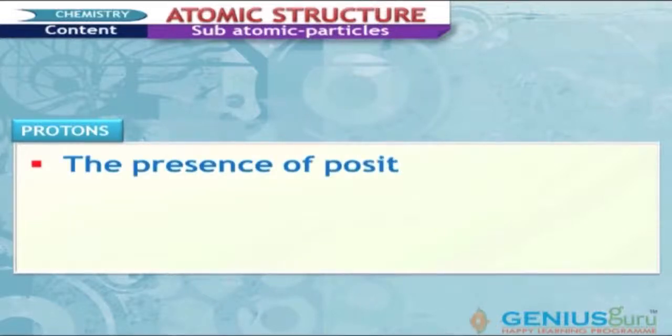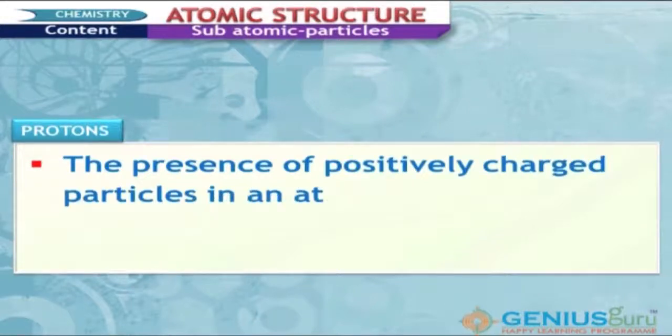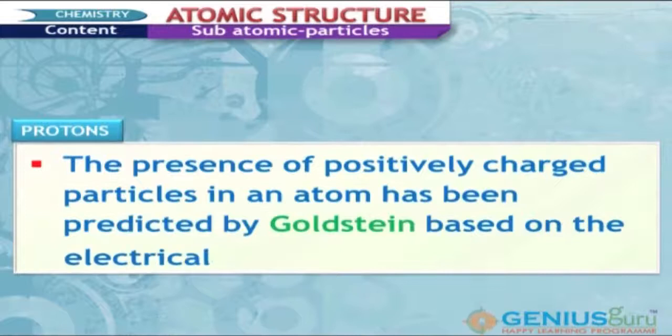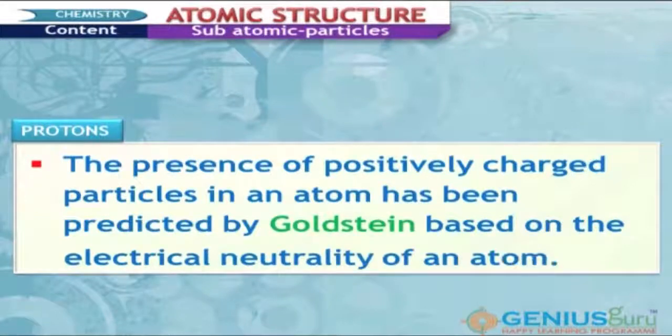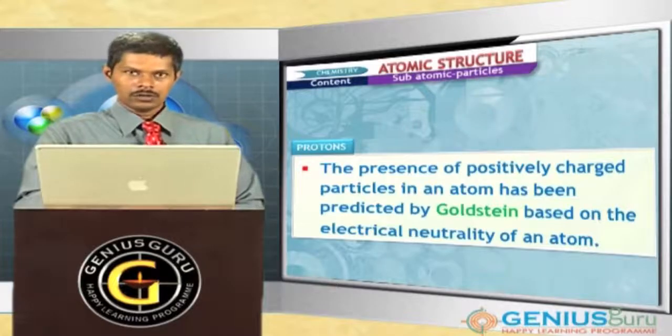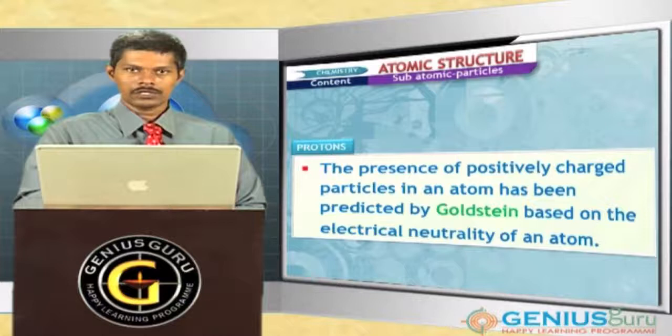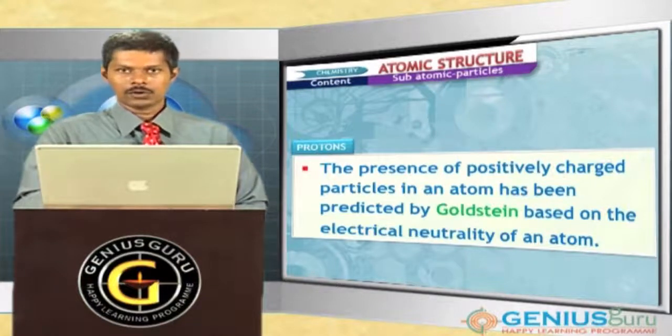The presence of positively charged particles in an atom was predicted by Goldstein based on the electrical neutrality of an atom. Dear students, you know atoms contain electrons. These electrons carry a negative charge. So in order to maintain electrical neutrality, they must contain some positively charged species. These positively charged species are known as protons.